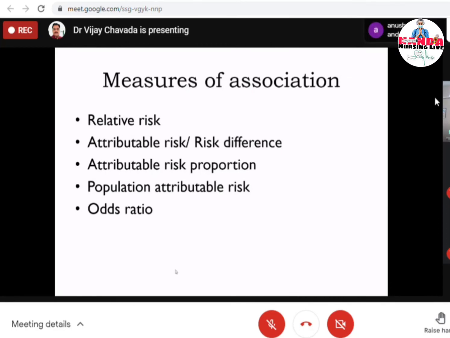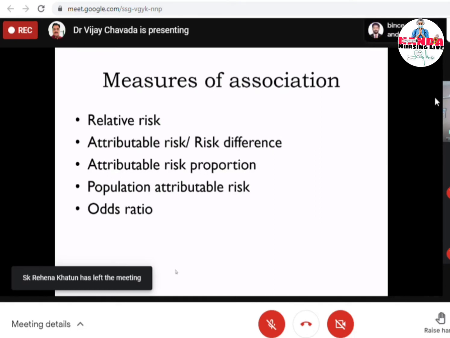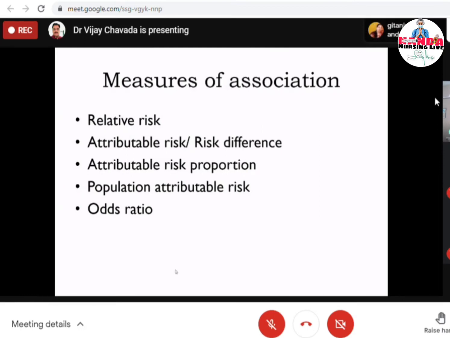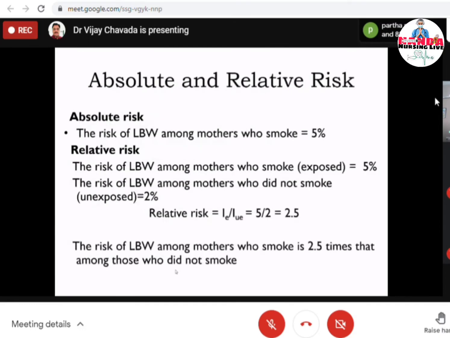Thereby, we are using the data and we are interpreting it in different useful ways. Useful ways include estimating the relative risk, estimating the odds ratio, the attributable risk, the attributable risk proportion, and finally the population attributable risk, and these are nothing but the major part of the inferential statistics.